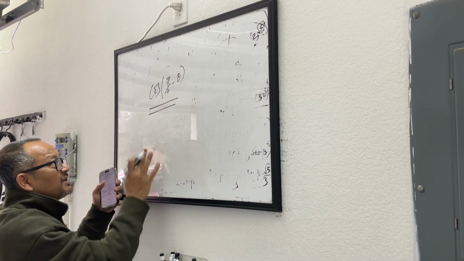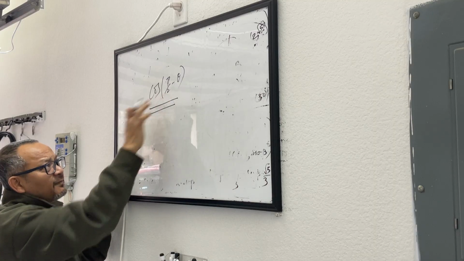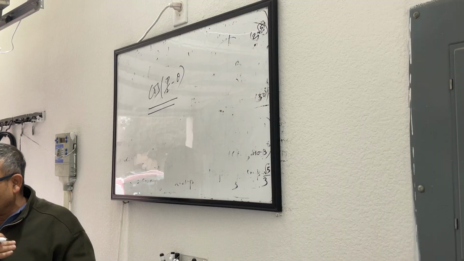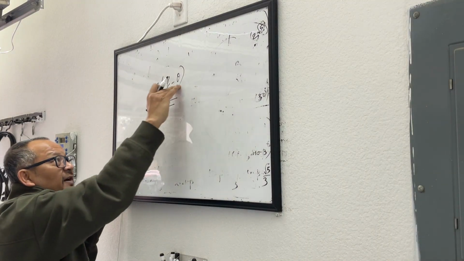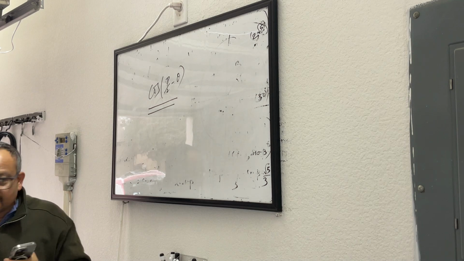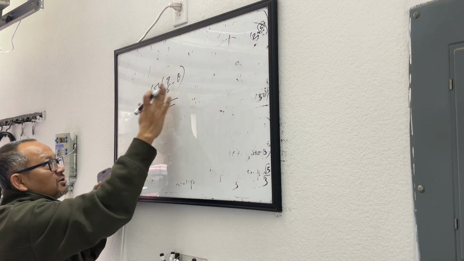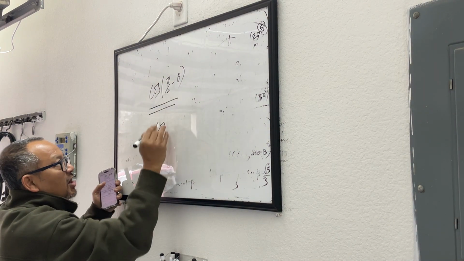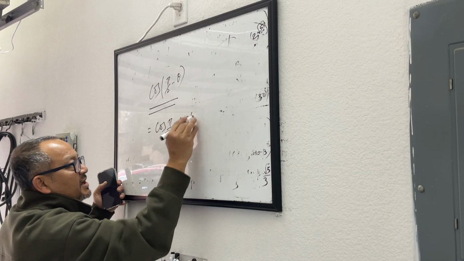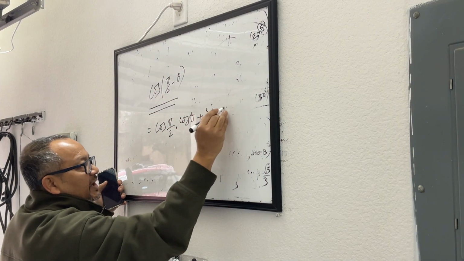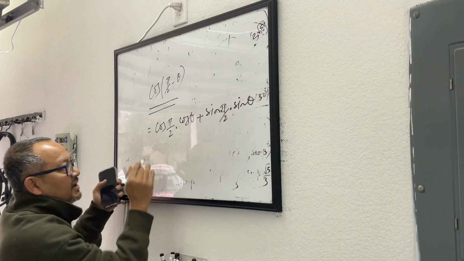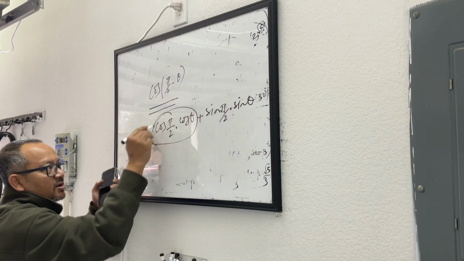There is a reason: there will be one value which has cos of pi by 2, which is 0, so I can skip that part. And there will be one value which has sin of pi by 2, which is 1. Look at this: cos of pi by 2 minus theta is cos a times cos b plus sin a times sin b. The first term becomes 0 because you have cos of pi by 2.